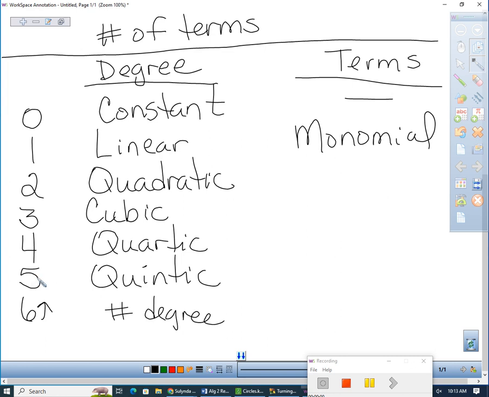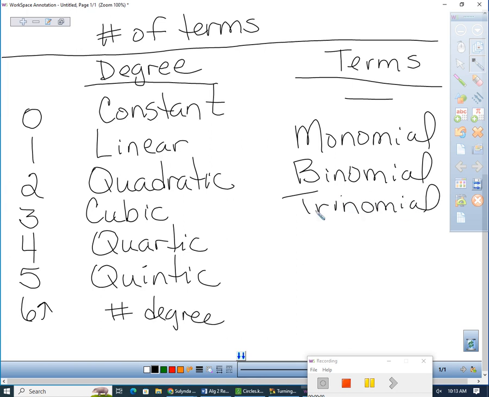If it has 2 terms, it's called a binomial. If it has 3 terms, it's called a trinomial. And then anything greater than that is just that number of terms.